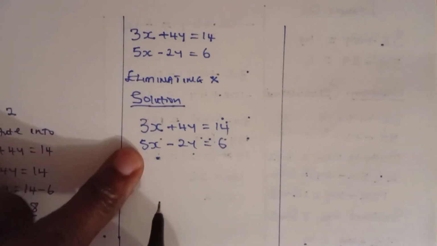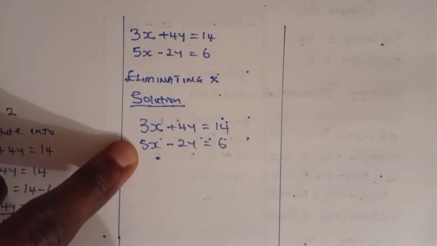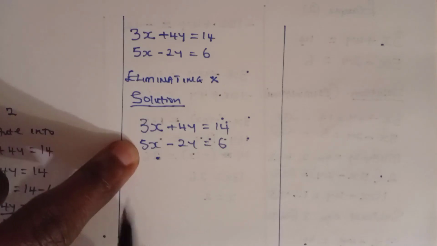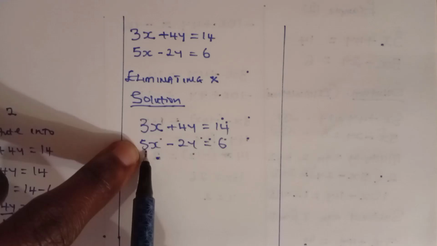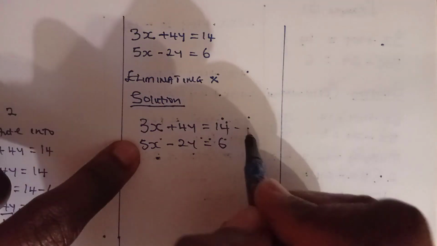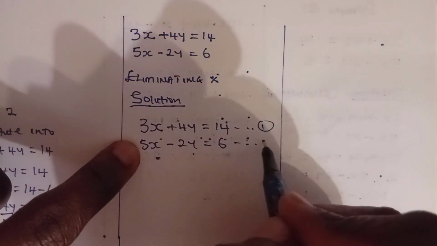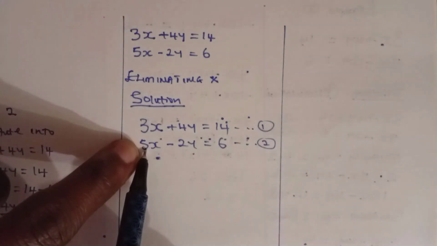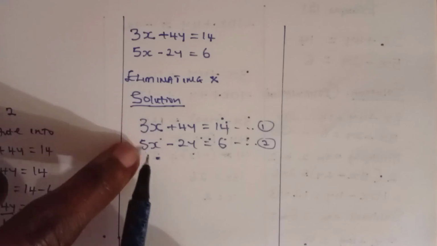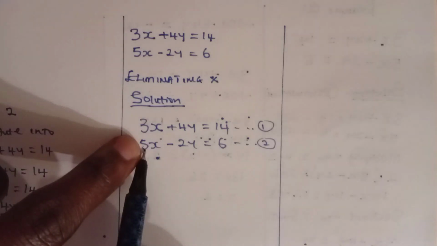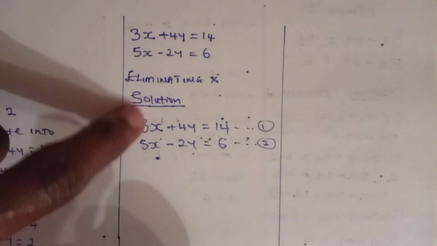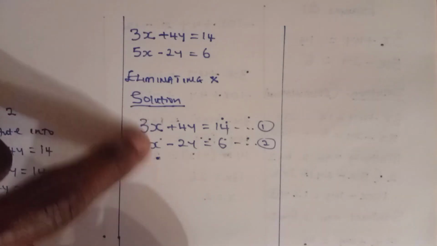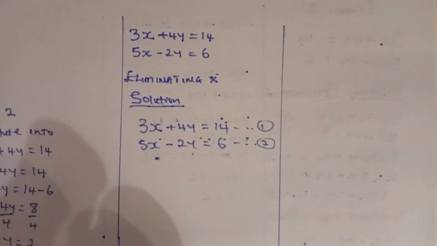So remember, the trick or the process is to make the coefficient of x, again, this is equation 1 and this is equation 2. You want to make the coefficient of x in equation 1 the same as the coefficient of x in equation 2. We want to balance the coefficient on both equations.